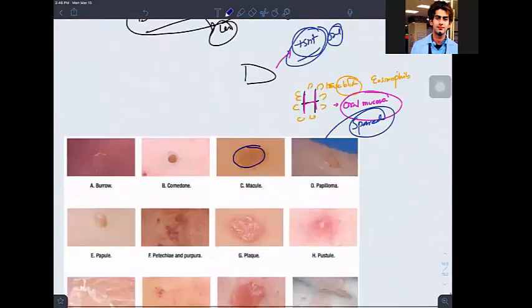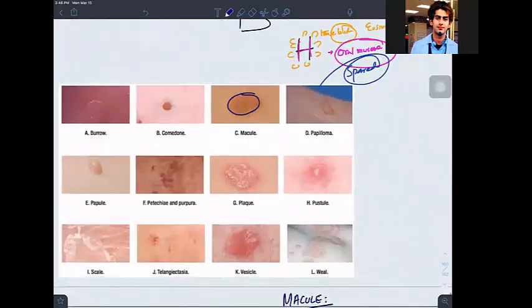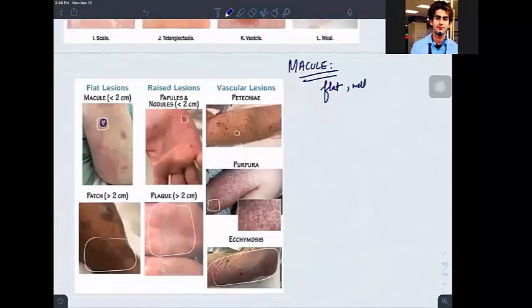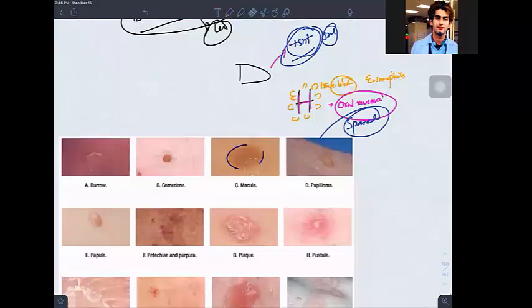Can you see, is it well demarcated? Well demarcated means you can clearly outline it, it is not merging. So we can write it is well demarcated or well circumscribed. What is actually happening in a macule is only the skin color has changed.